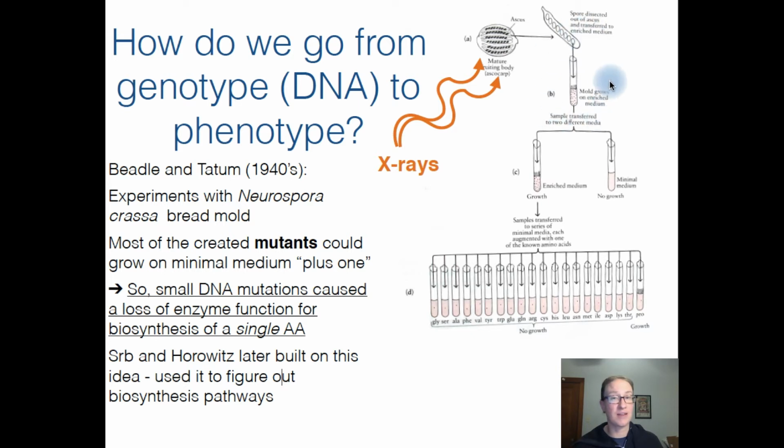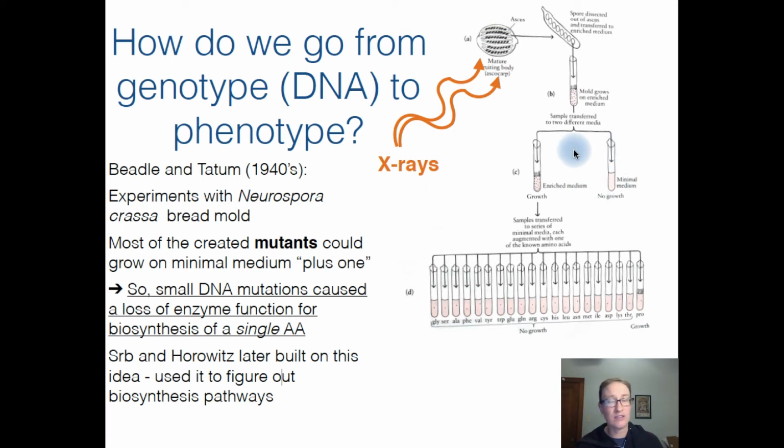So this is a medium that contains all of the different amino acids. And then they took the mold that grows on this enriched medium, and then they transferred that to 2 different types of medium. So they kept some on the enriched medium, and they also put some onto a minimal medium.